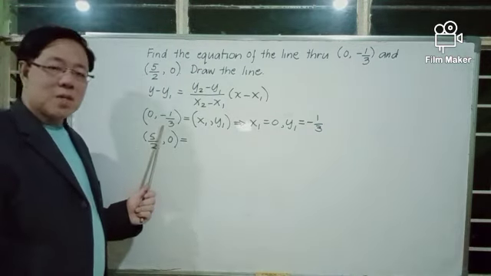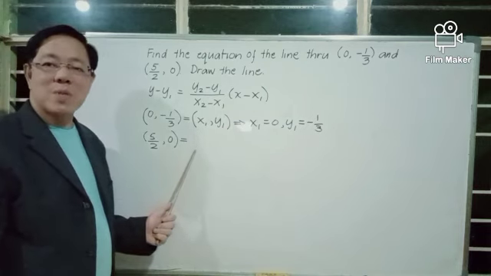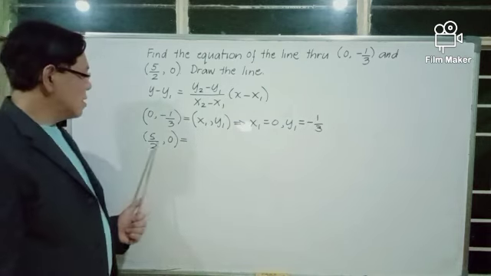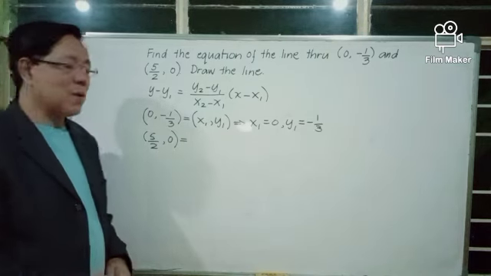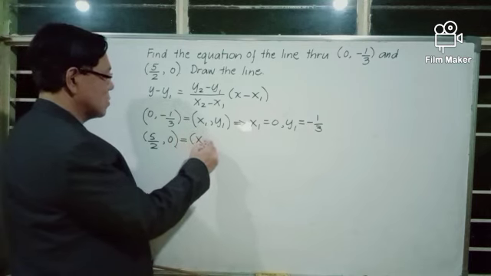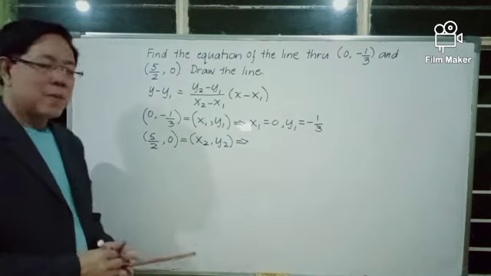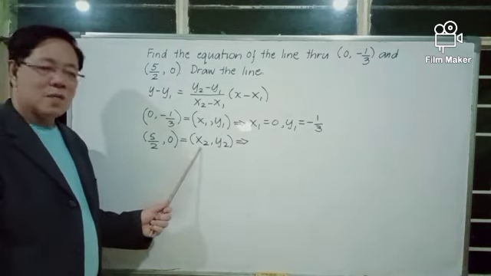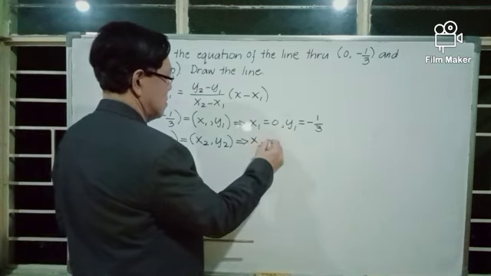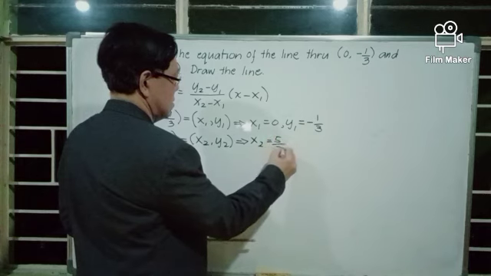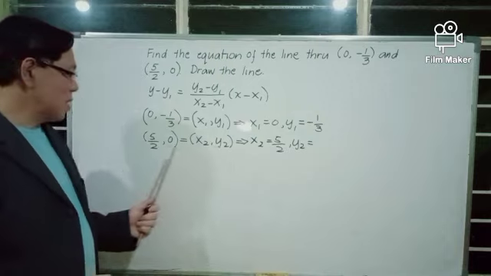If we take the first point as the point with coordinates (x1, y1), then the second point must be taken as the second point. The second point given, (5/2, 0), must be taken as the second point with coordinates (x2, y2). And this implies that the abscissa x2 is 5 over 2. The ordinate y2 is 0.